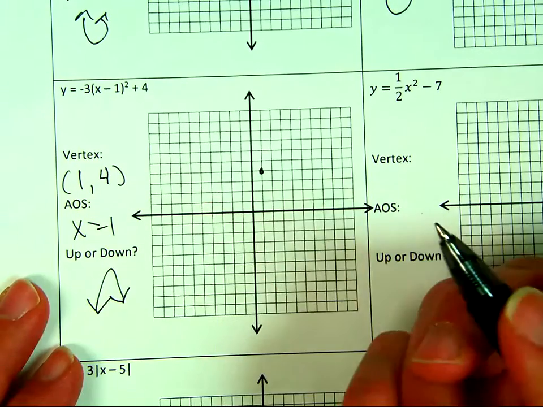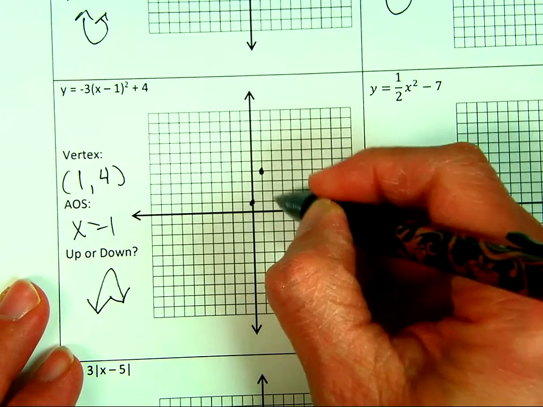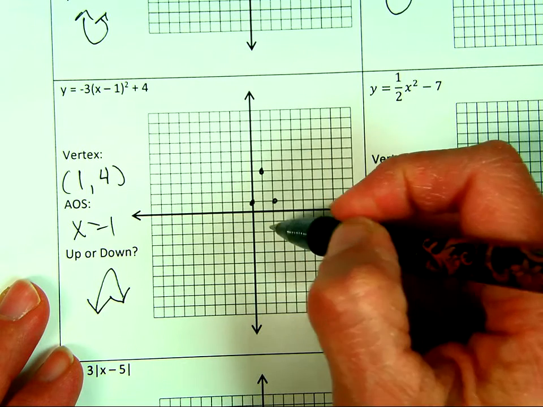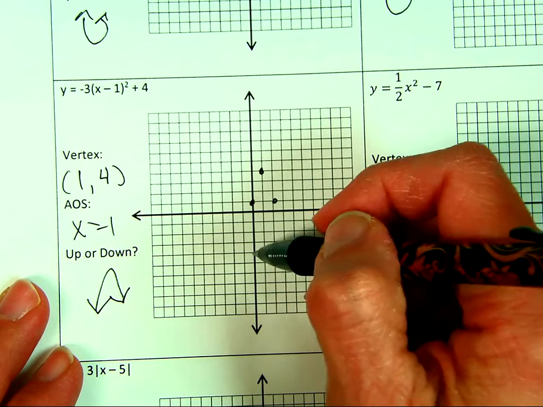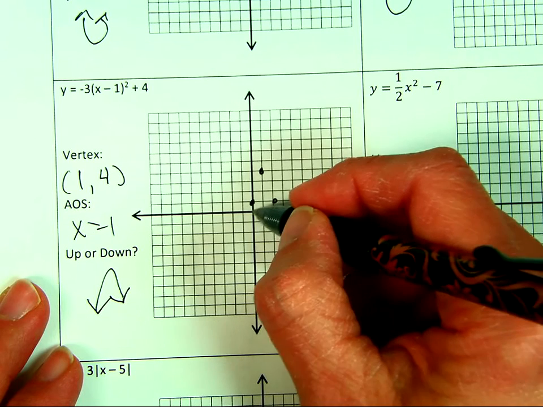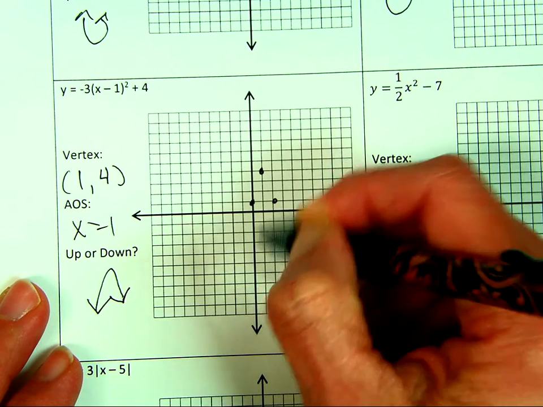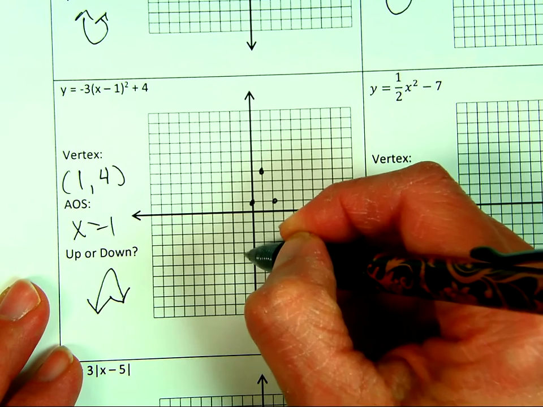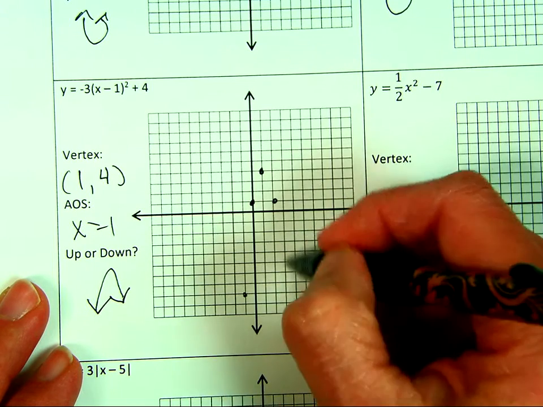So since it's a 3, I know I'm going over 1, down 3, and then remember the next one was down, 3, 6, 9. So over 1 more, and then down, let's count, 1, 2, 3, 4, 5, 6, 7, 8, 9. And so you can see my axis of symmetry is going to go like that.